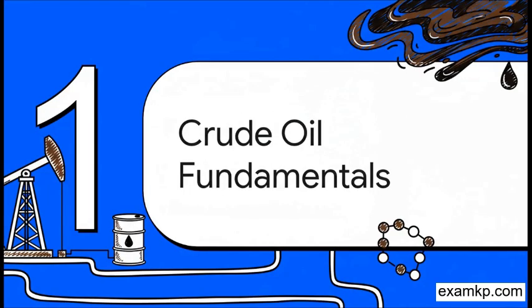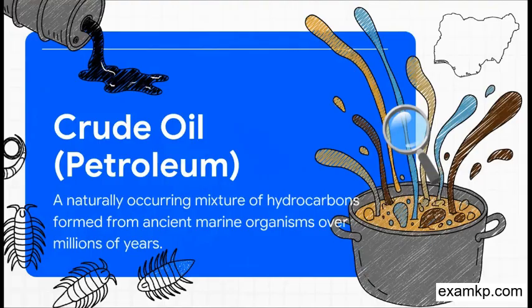All right then. First things first, let's lay the foundation. Before we even think about petrol or kerosene, we got to ask the most fundamental question. What exactly is crude oil? Okay, here's the number one thing you have to remember. Crude oil, or petroleum as it's also called, isn't just one substance. No way. It's this thick black liquid that's actually a mixture.